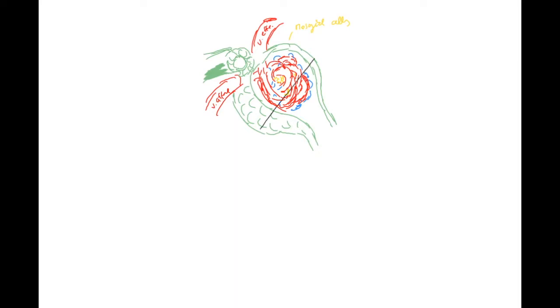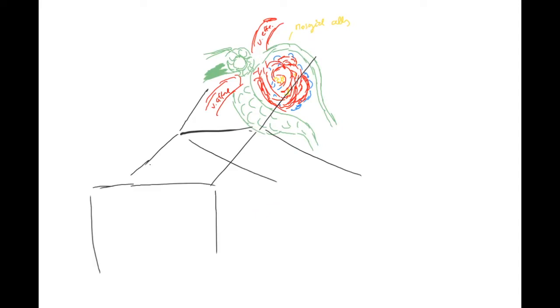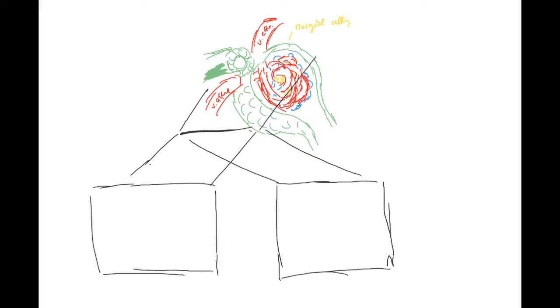And let's cut it like this. And basically we can have like two options. So this is a normal one.